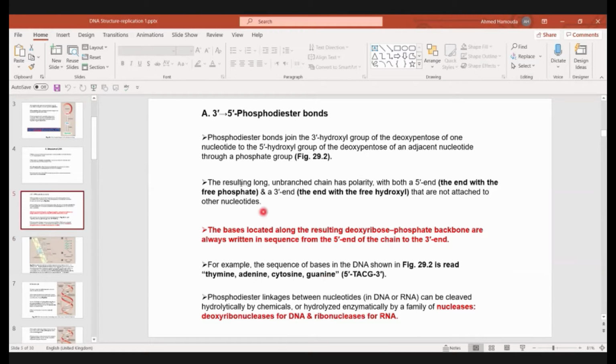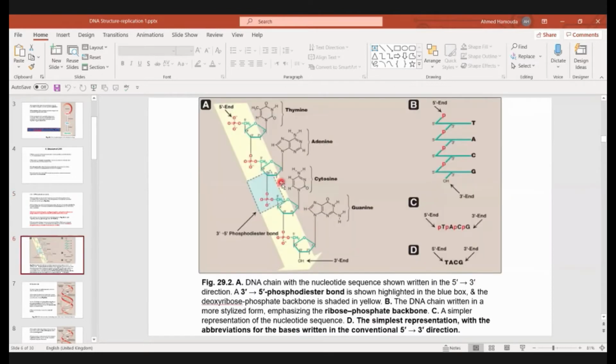So what about the 3', 5' phosphodiester bond? Basically it is the bond between the 3' hydroxyl group of the deoxypentose of one nucleotide and the 5' hydroxyl group of the adjacent one. Adjacent means next to it. So this is the 3' OH, and this is the 5' OH of the ribose.